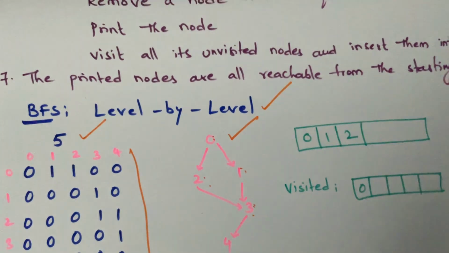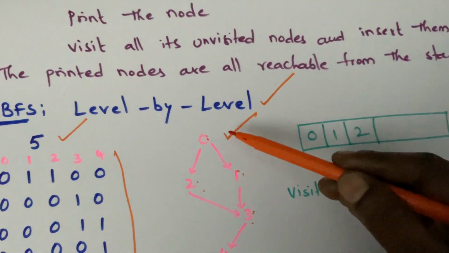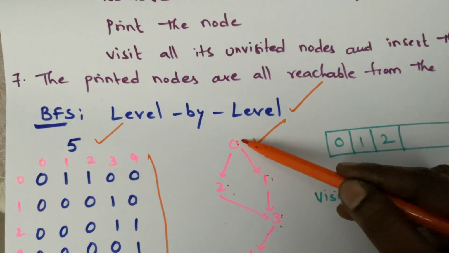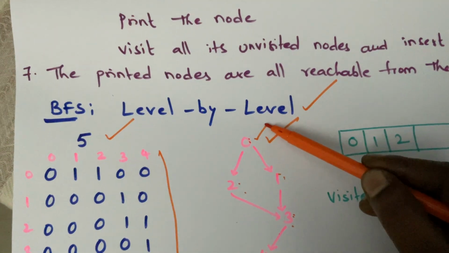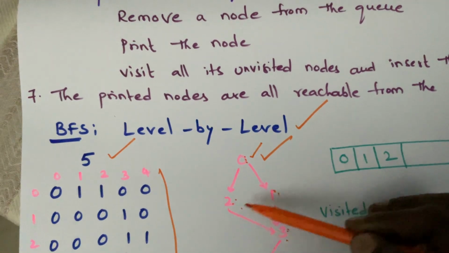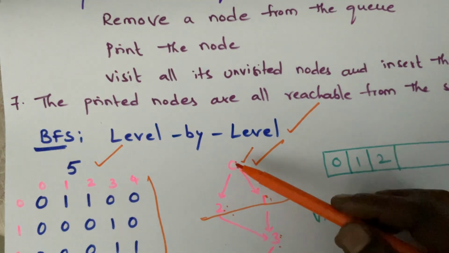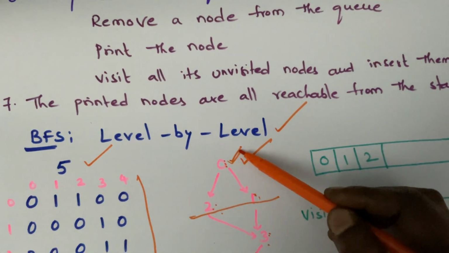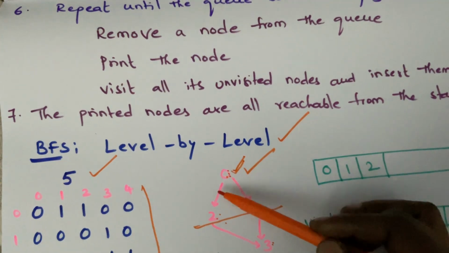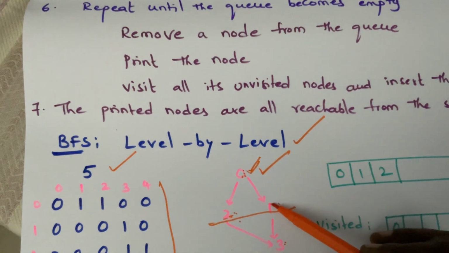First of all, I have to find the starting vertex. Let's say I am starting with this vertex. I have to find the level of this one. The first level is 1 and 2. So when I am finding the starting vertex, I have to come to the next level to visit these two vertices. What is the data structure?